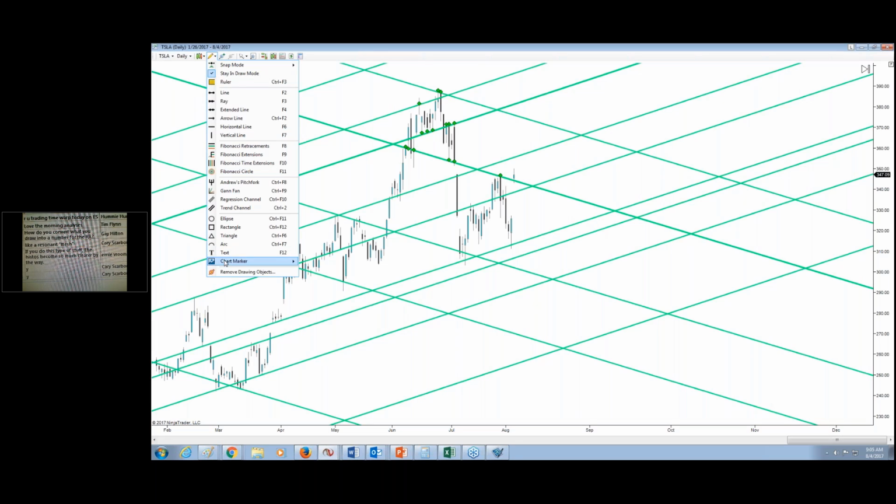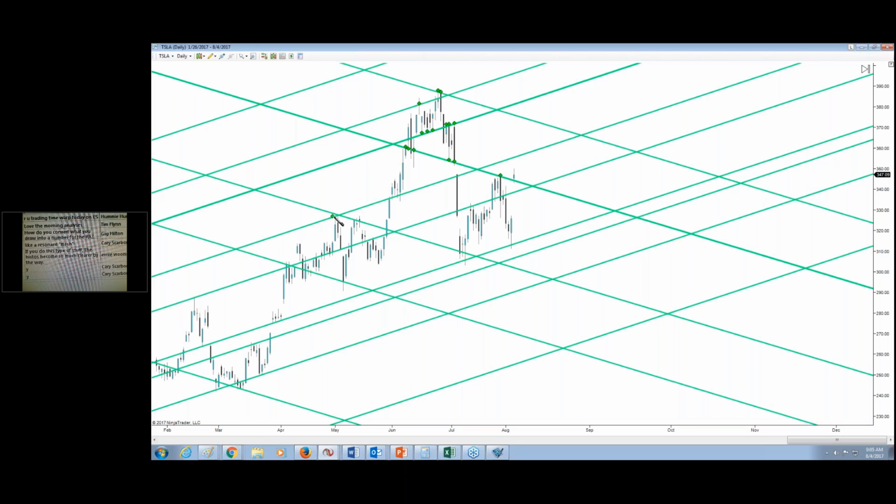Ready? Two touches here, a close, a touch, a touch, a touch, a touch, and open. Okay. So this line is valid.